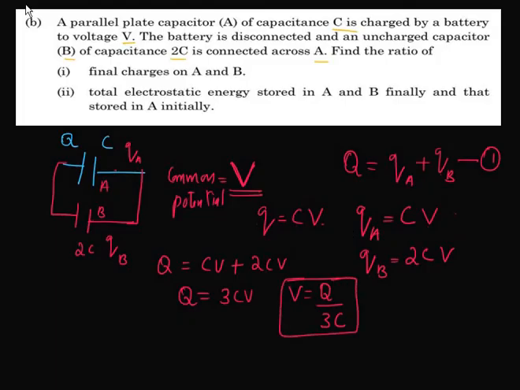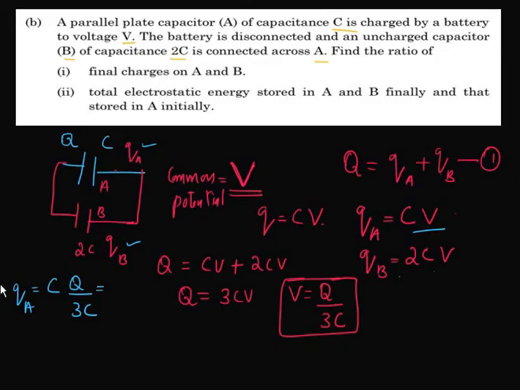Now, we can calculate the final charges on A and B. What are the final charges QA and QB? QA is nothing but C into V, and QB is nothing but 2 into CV. What is the common potential? We have found it out: Q divided by 3C.